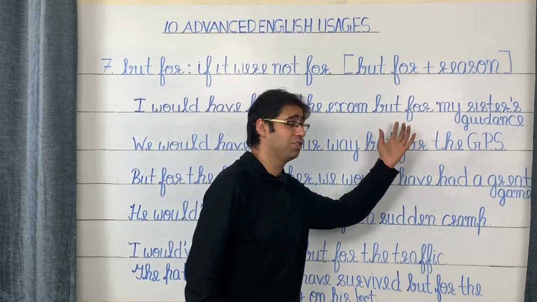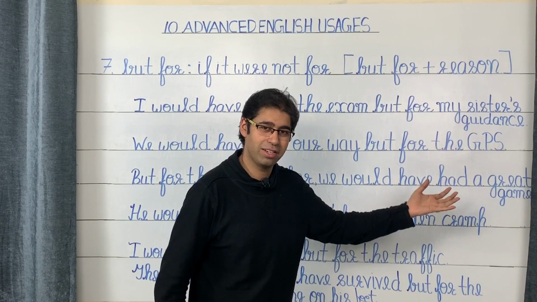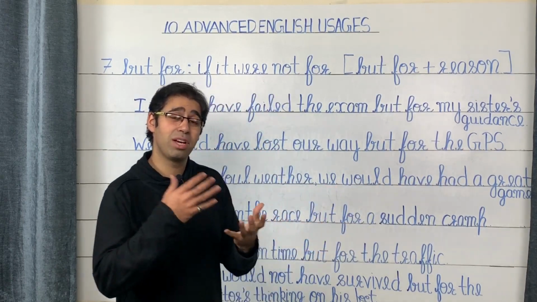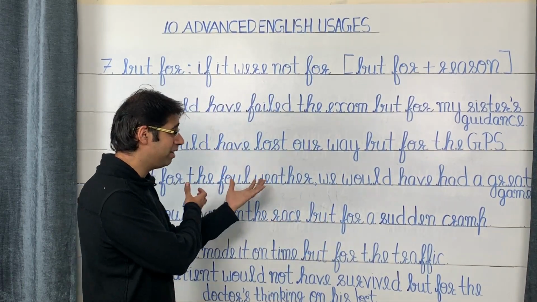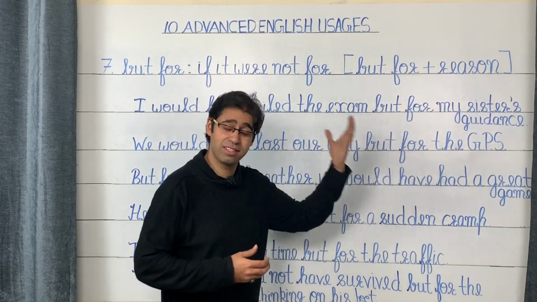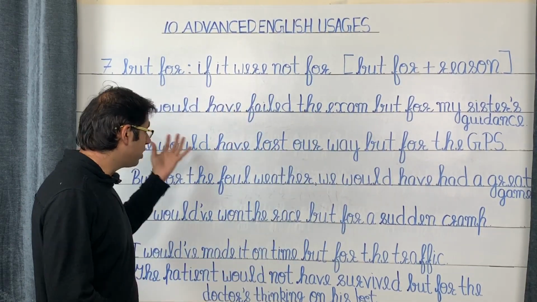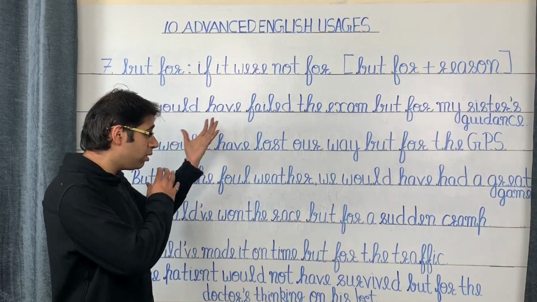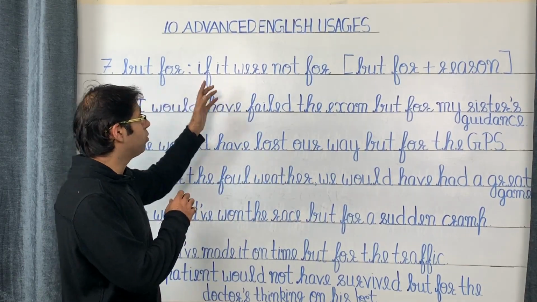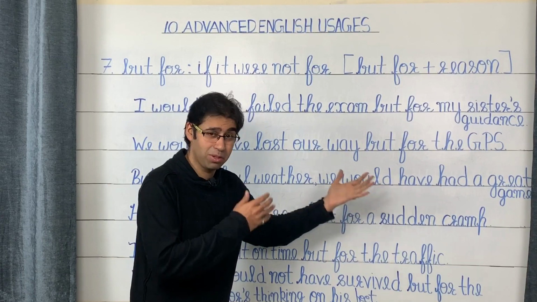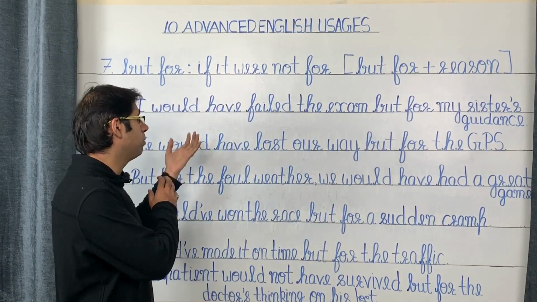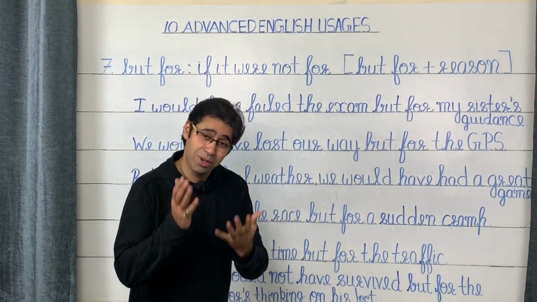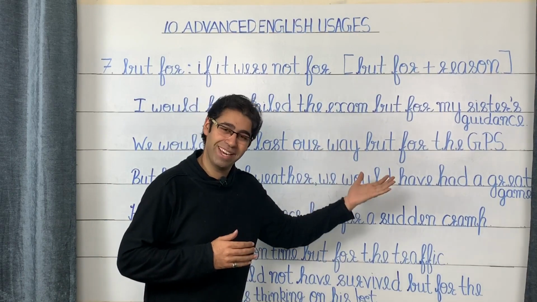You've got that as the GPS, or your car navigation. Once again, setting it into that format of the probable event plus "but for" plus the reason, you've got "We would have lost our way but for the GPS." "We would have lost our way if it were not for the GPS." Or finally, "We would have lost our way but we did not because of the GPS."